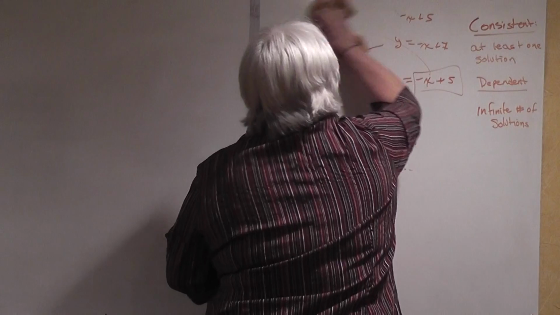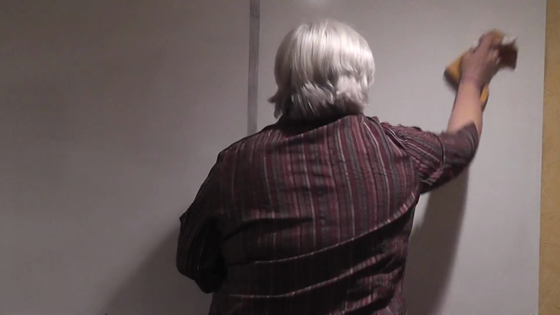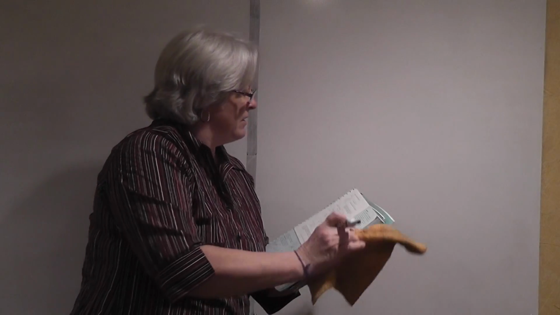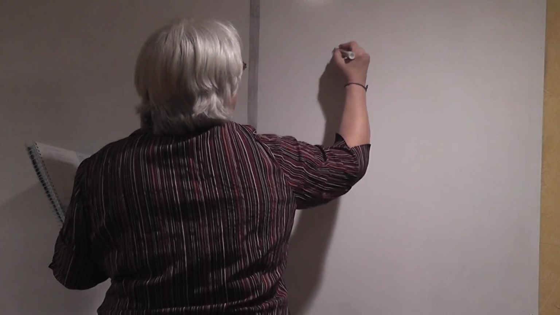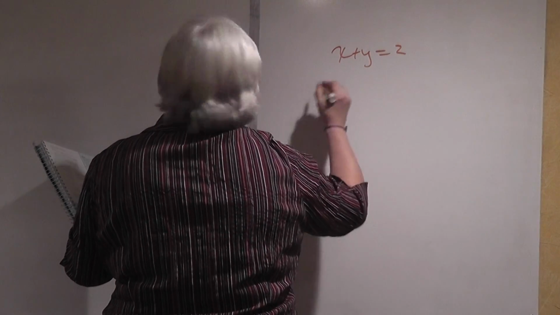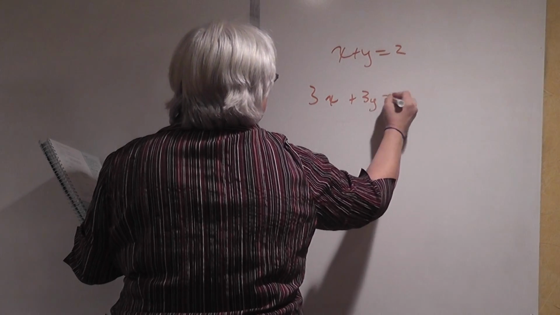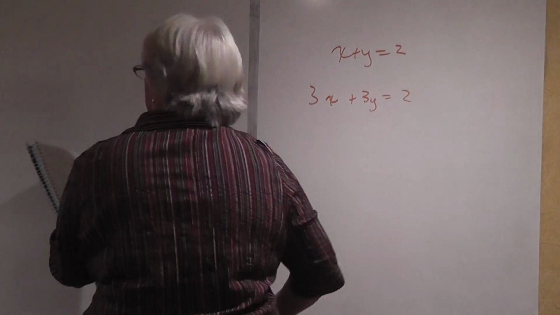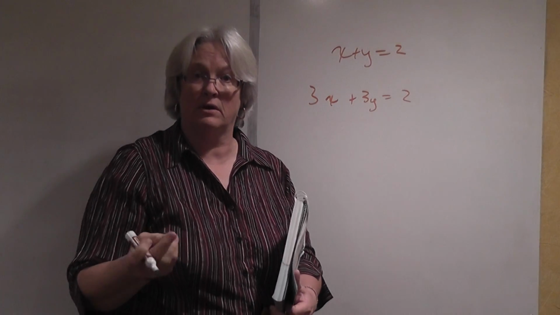Now, moving on, the next thing that we want to talk about, we have x plus y is equal to 2, 3x plus 3y is equal to 2. This system of equations right here has a solution.